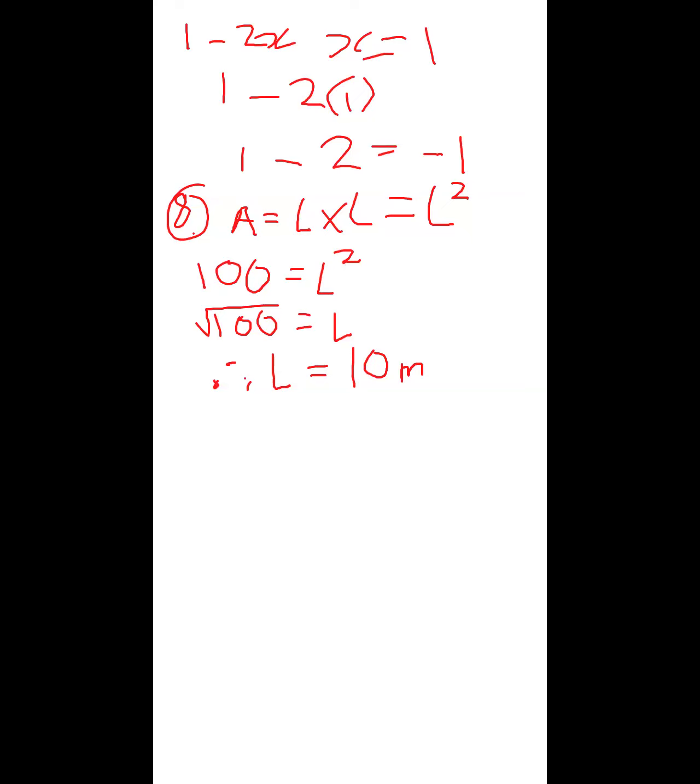So what we're going to do now is ask ourselves, what is the formula for the perimeter of a square? Now remember, perimeter simply means the distance round.